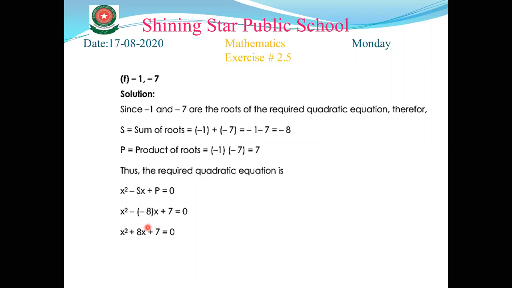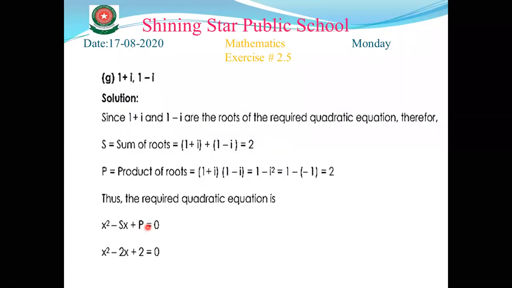So now put the values of s and p. When we put the value of s, which is minus 8, minus minus is plus, so it will give you plus 8. Now p is 7, and when we put the value of 7, it will give you plus 7. So your required equation is x square plus 8x plus 7, which is your required quadratic equation.